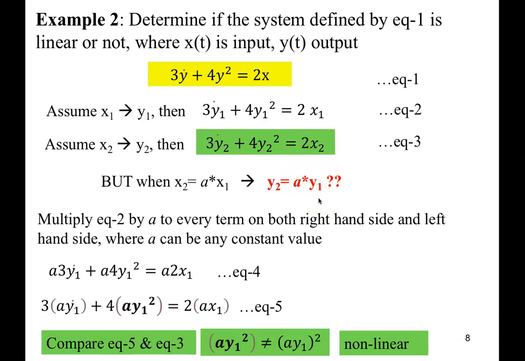That will make it a square times y1 square. So if that a was a square, then we have a match. Because a is not a square, the second term between equation 3 and equation 5 does not match. Therefore, we have a nonlinear system.